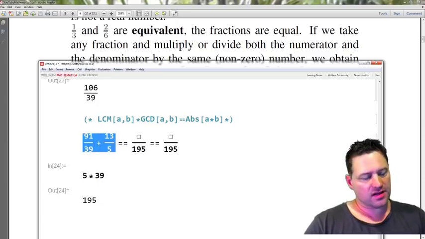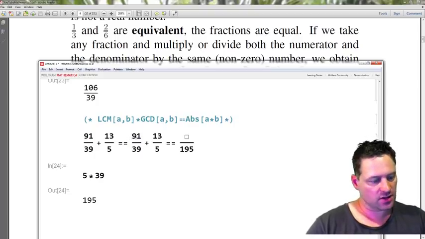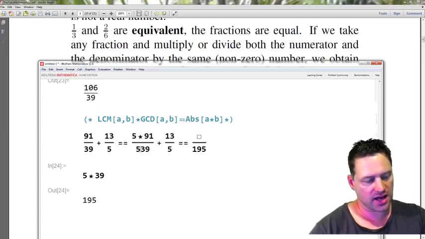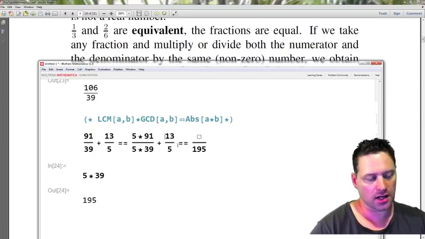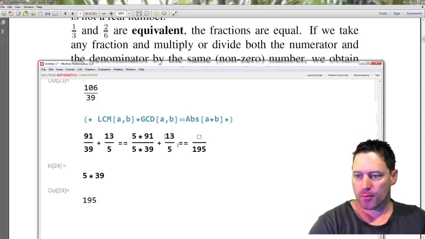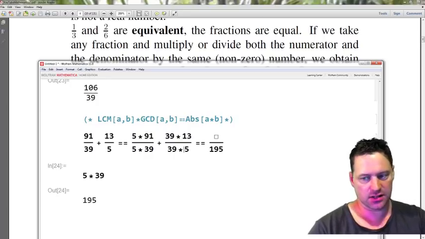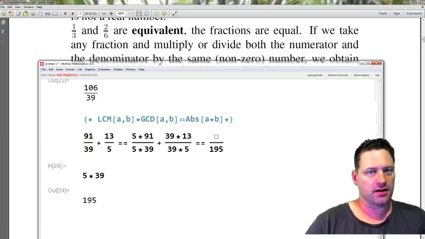All right, so I'll copy this. And I'll say what I'm doing is I'm multiplying numerator on the left by 5, denominator on the left by 5, and on the right fraction I am multiplying by 39 in the numerator and 39 in the denominator. Okay, now we know already that the denominator is 195, and that's common.